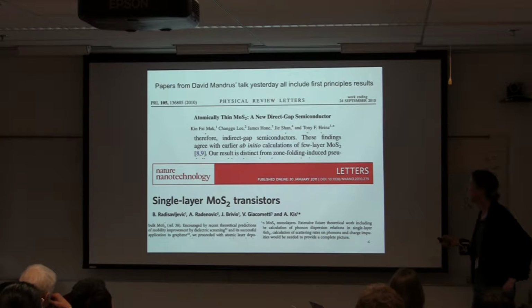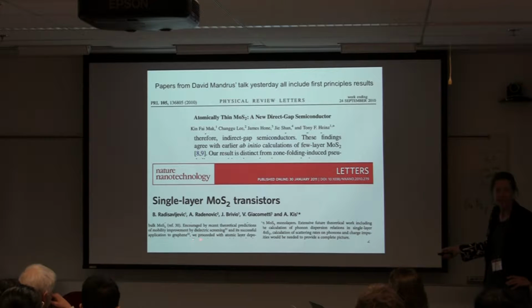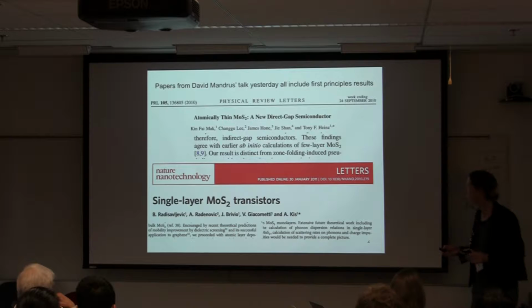So here they refer to earlier ab initio calculations about the band structure. Here they both refer to theoretical predictions of how to improve mobility, which they drew on in their work, as well as suggesting further theoretical work.